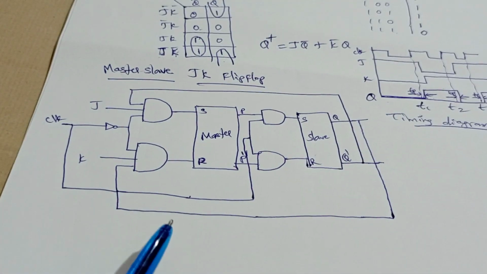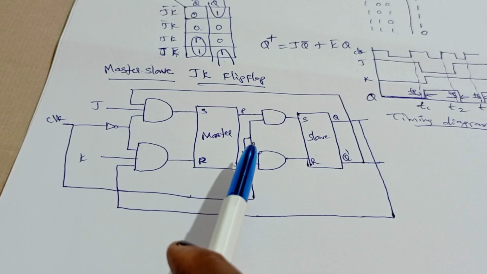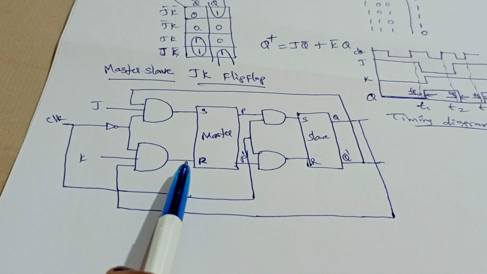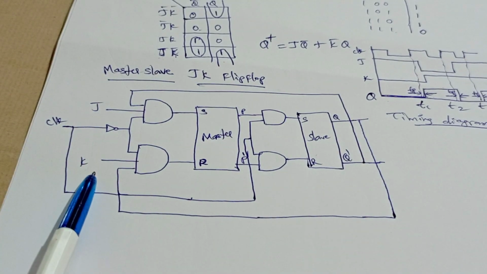This is the same circuit as SR master slave flip-flop, except S and R have been replaced with J and K. And Q and Q bar outputs are feeding back into the input gates.